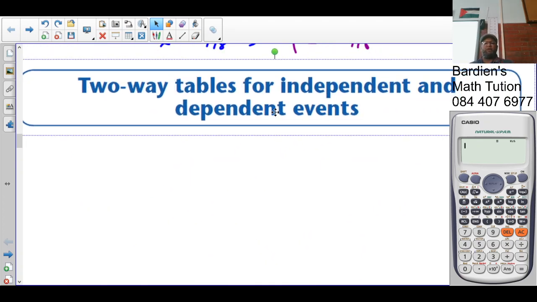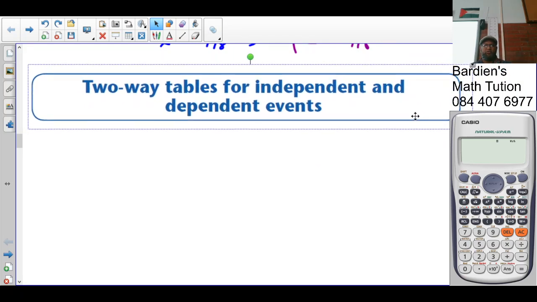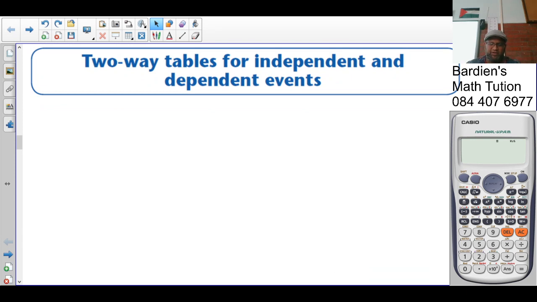Now we're looking at two-way table for independent and dependent events. Two-way table, and this is the last part of your probability. So we are told two-way tables display the number of outcomes of each event. The various probabilities can then be calculated from the information in the table.